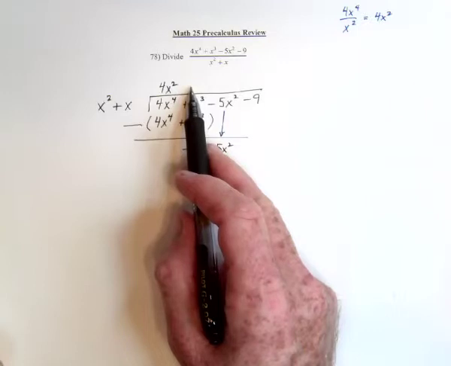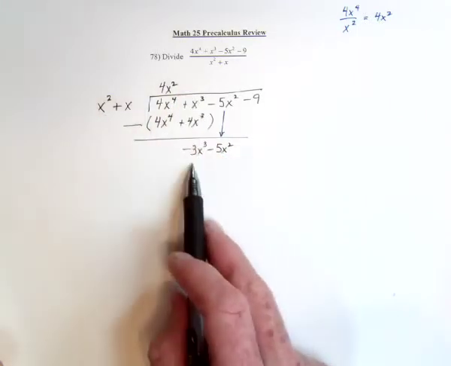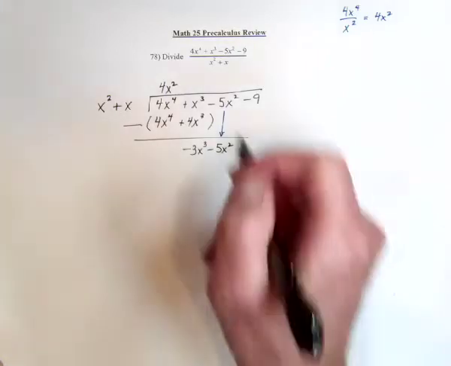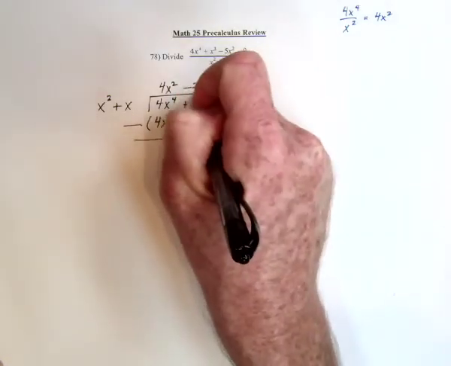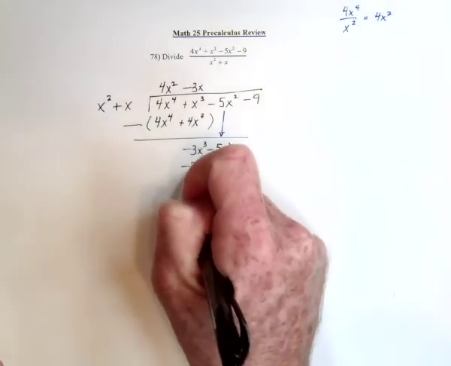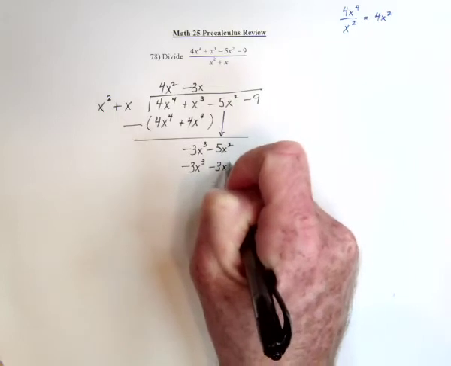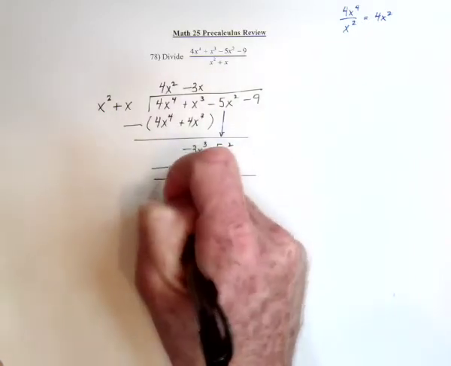So what do I need to put here so that when I multiply it with this, I get negative 3x cubed? That would be a negative 3x. So multiply, it's negative 3x cubed minus 3x squared, and then subtract this line.